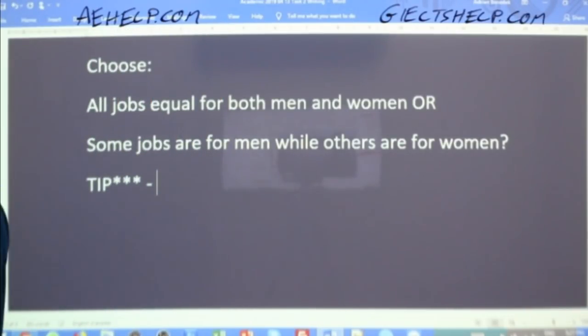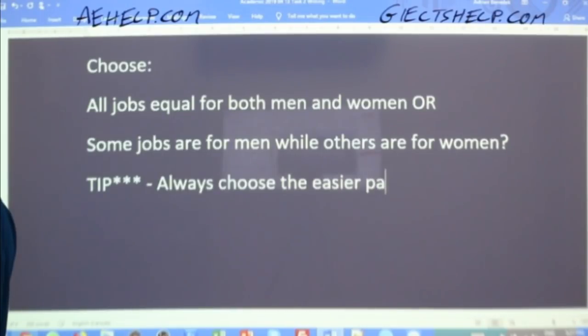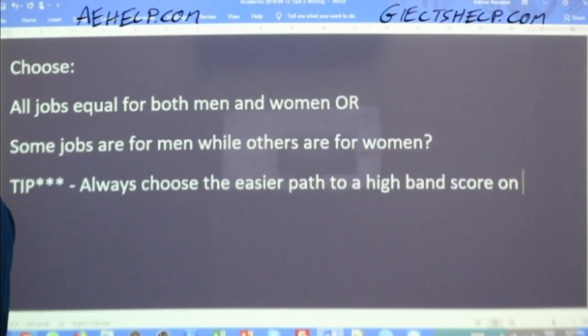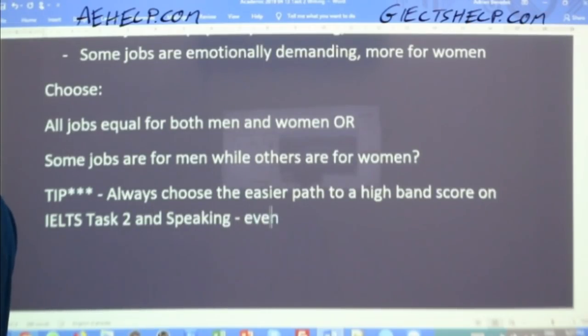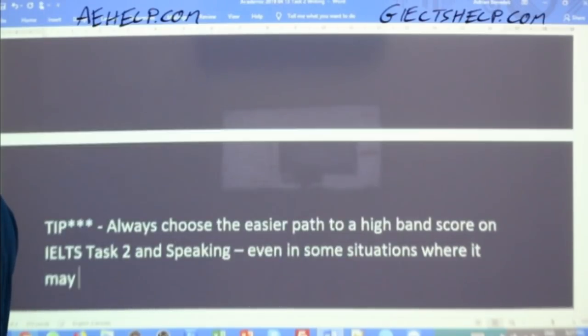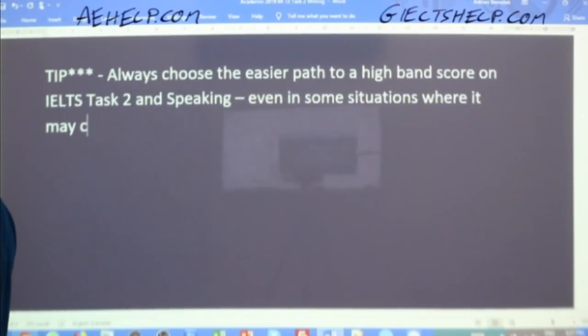So always choose the easier path to a high band score on IELTS Task 2 and speaking, even in some situations where it may contradict your true opinion.